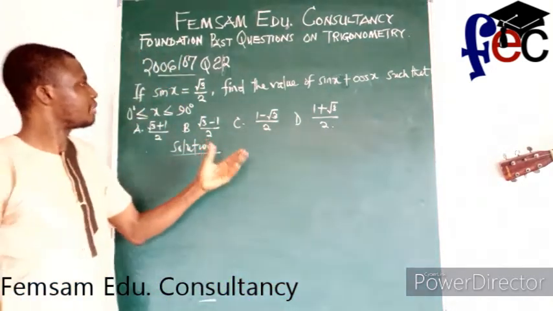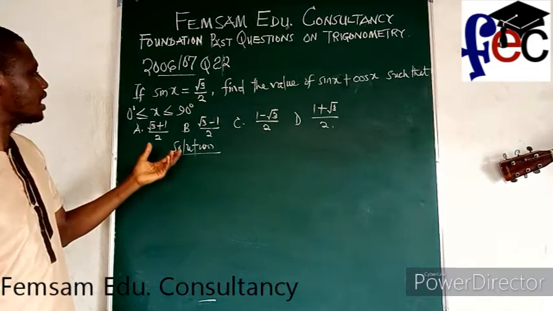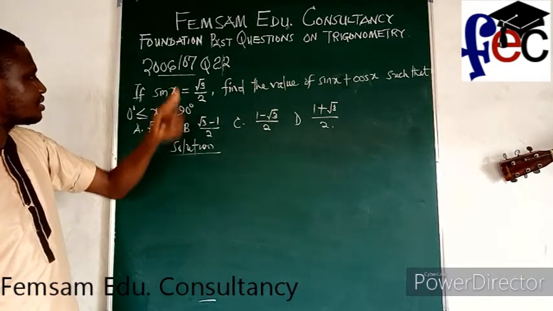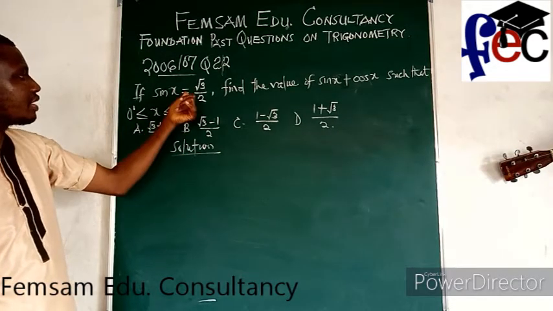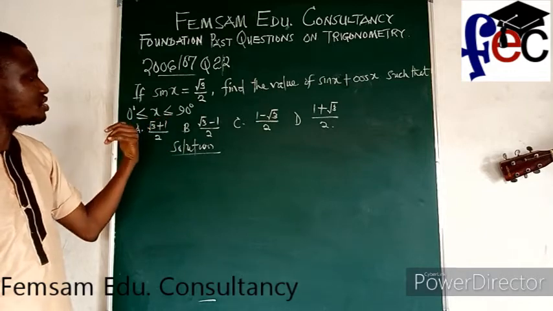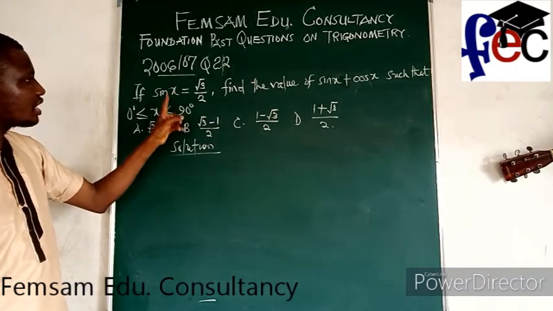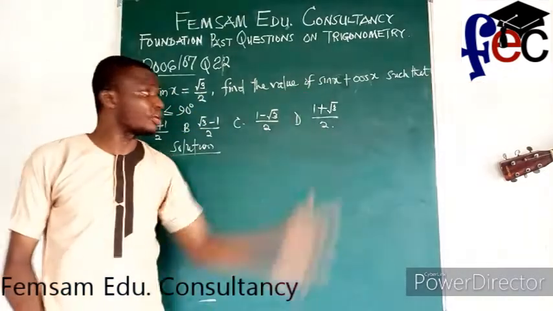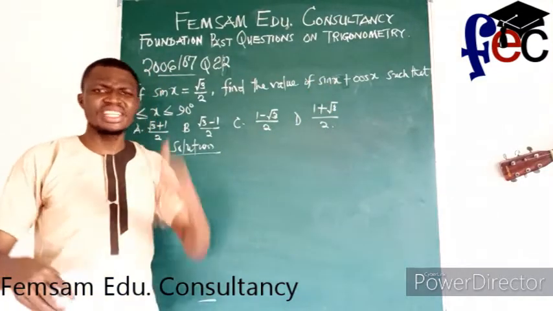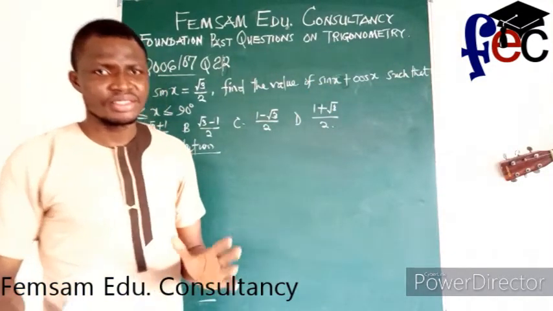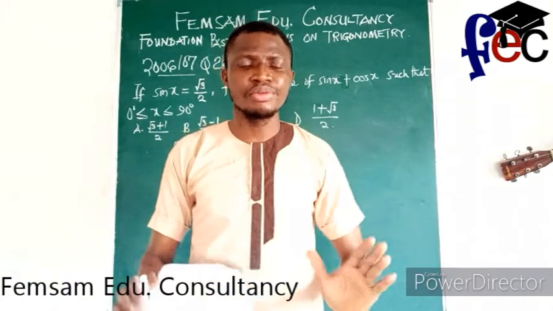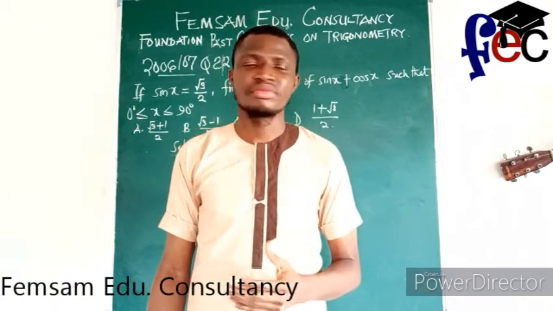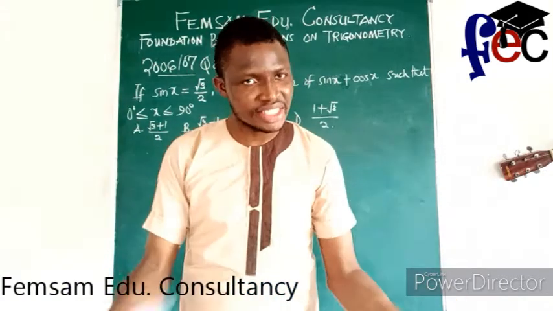So my duty now is that I can generate a right angle triangle from here, since x lies between 0 degree and 90 degree, in order to find my cos x. But instead of going through that, making use of trigonometric identity makes your work faster.